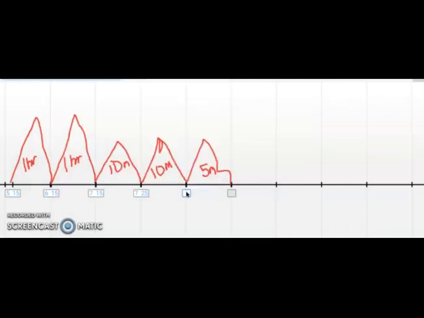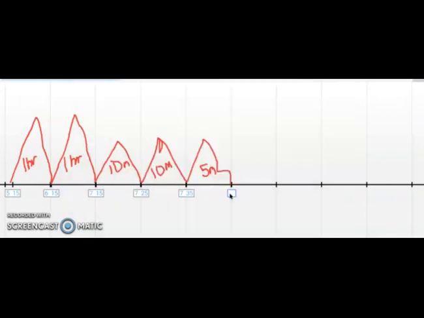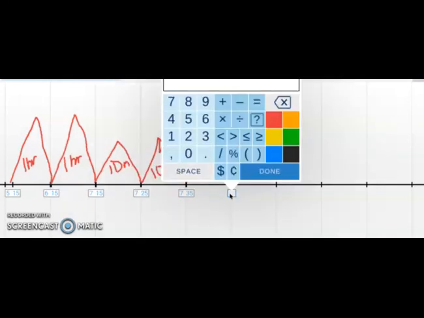Again, my hour doesn't change, so I still have 7. And I'm going to add 10 minutes on to 7:25, and we all know that 25 plus 10 is 35. And then I'm going to go to this one and I'm going to add only 5 minutes. So my hour doesn't change again because I haven't passed that 60 minutes yet. And then I'm going to add 5 to 35 to get 40.